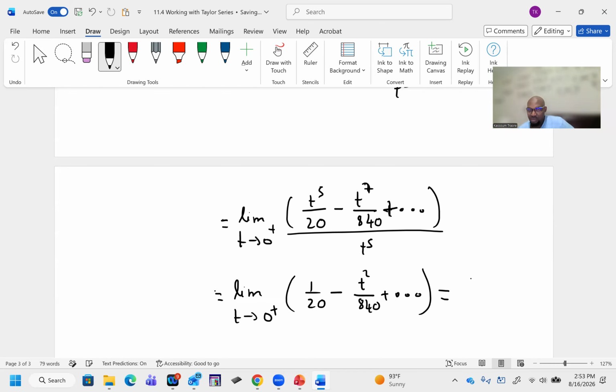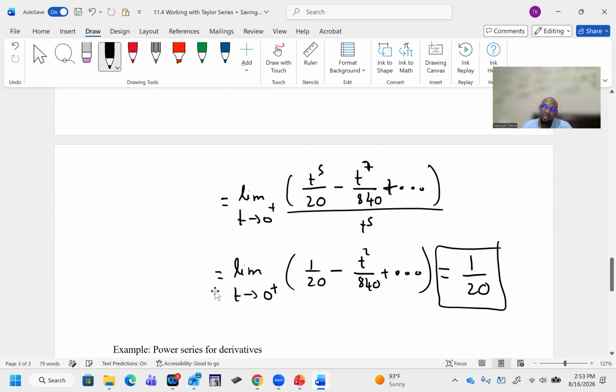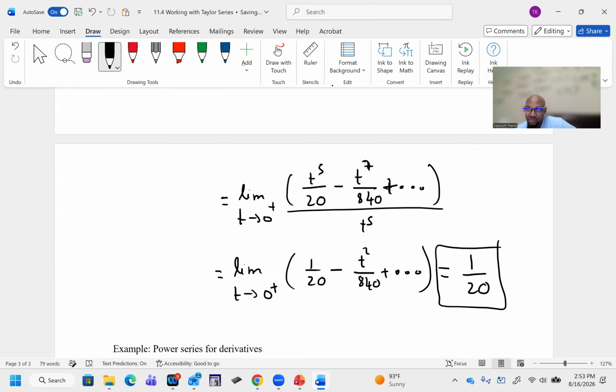And this limit will give me 1 over 20. And that's it. Okay? Now let's move to the next one.